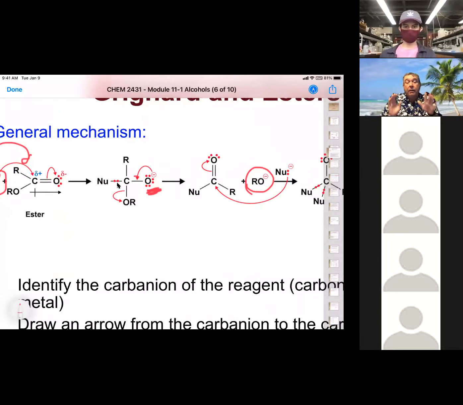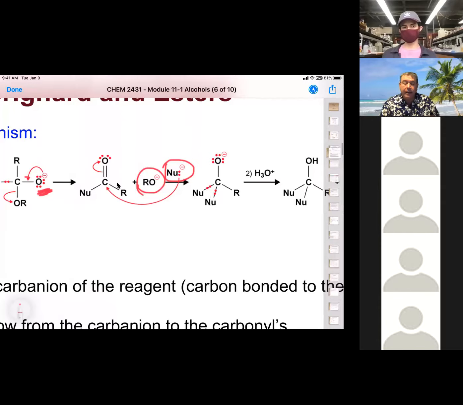Okay. Now that alkoxide ion is not as nucleophilic as our carbanion from our Grignard reagent. So the Grignard reagent will come in and attack that carbonyl. And we actually have generated a new tertiary alcohol here.